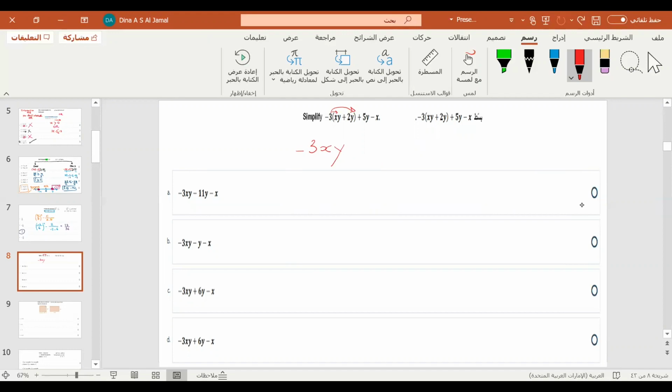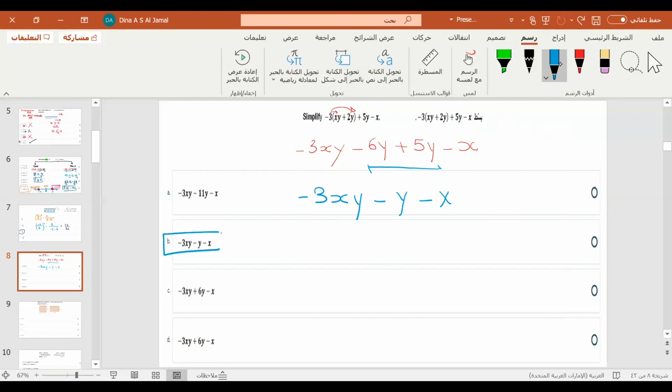Then minus 3 multiplied by 2, which is minus 6y. Good. Plus 5y minus x. Now I would like to have the like terms, minus 3xy minus y minus x, which is my answer.